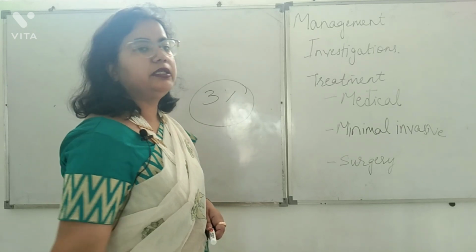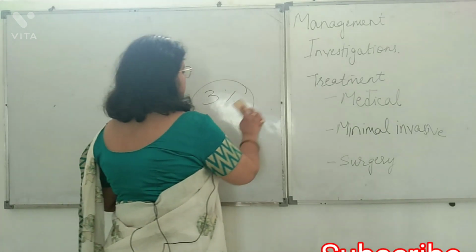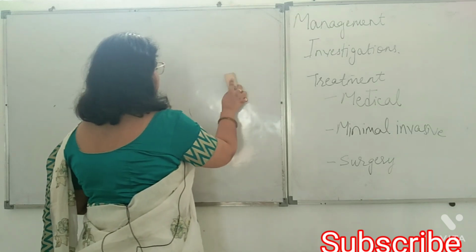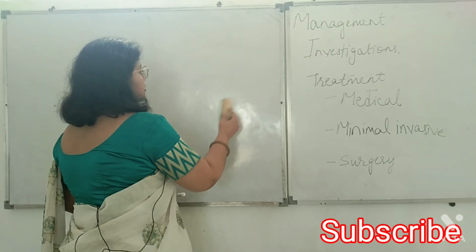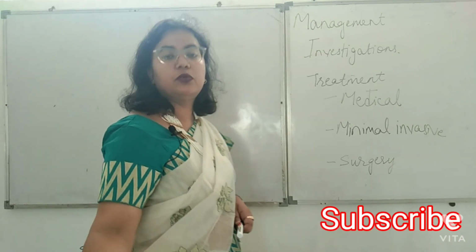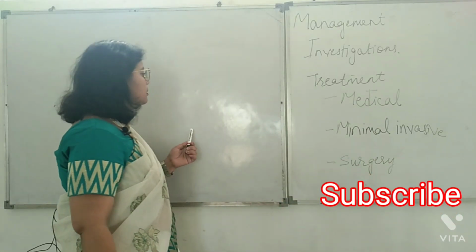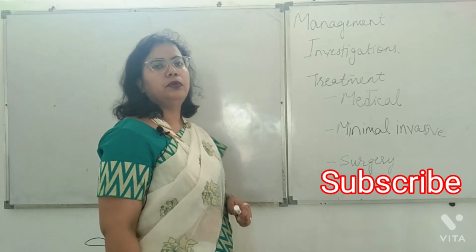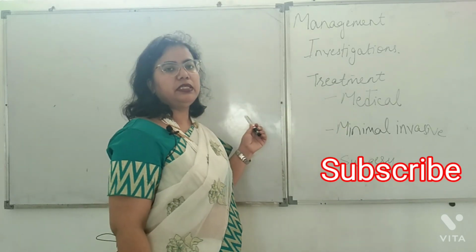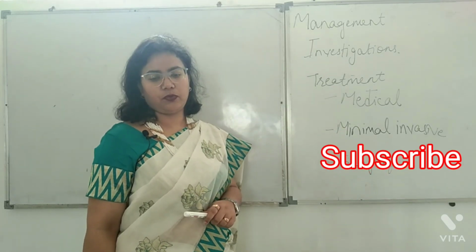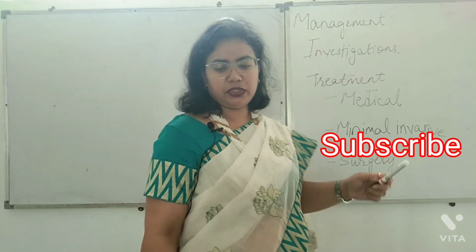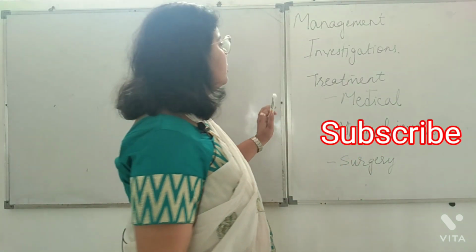So if her clinical condition is that she is menstruating heavily, or you see other features of high estrogen, like she is obese, very obese, then you can put her to D&C before subjecting her to hysterectomy. So these are the investigations which are required.